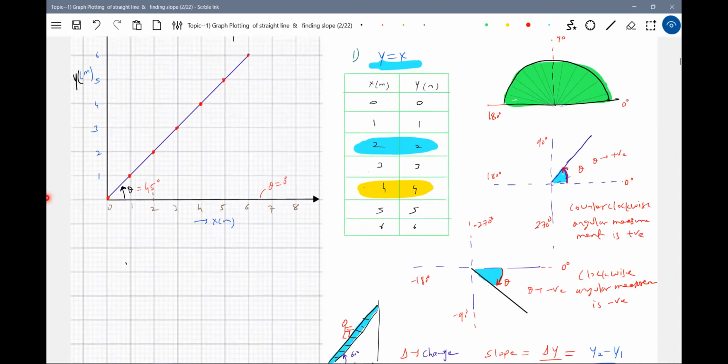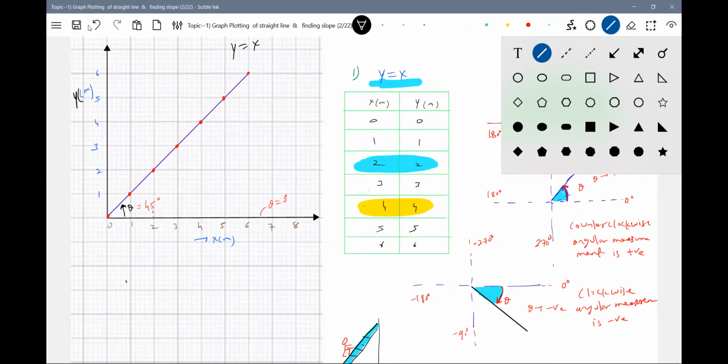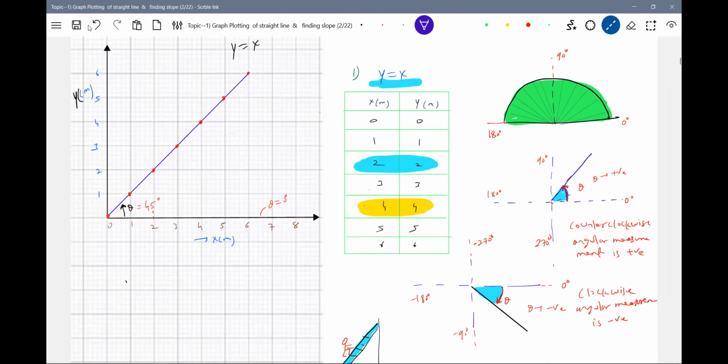Okay, now let's go for the calculation of slope. For that, I'll choose 2 points; you can pick anything. These are the 2 experimental points we have picked up.